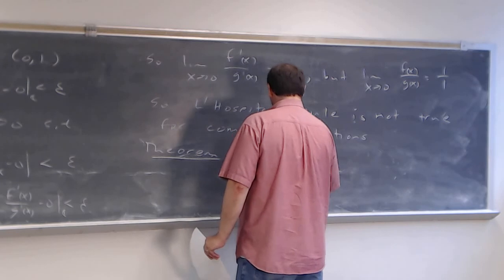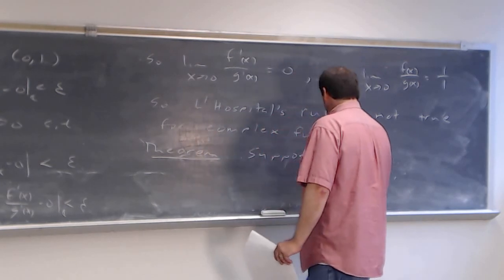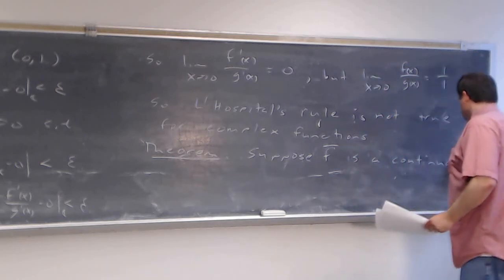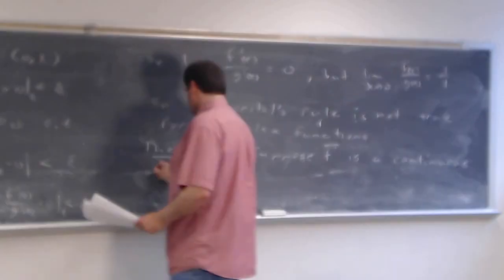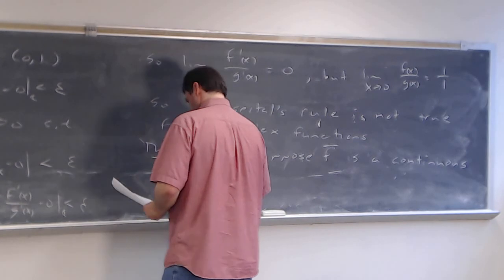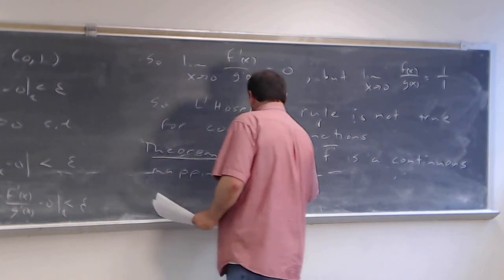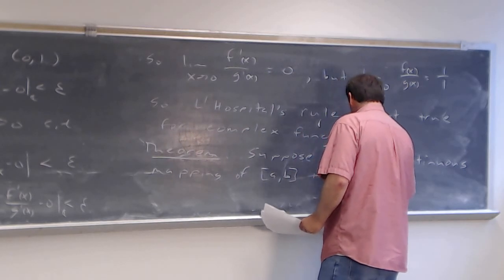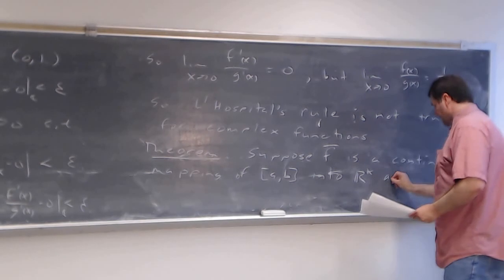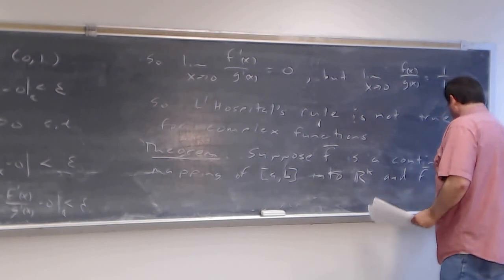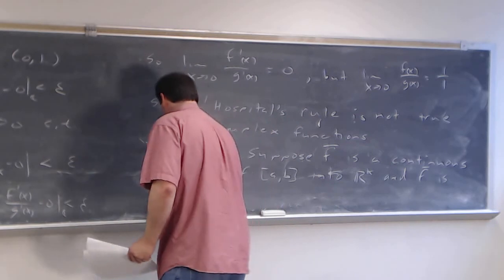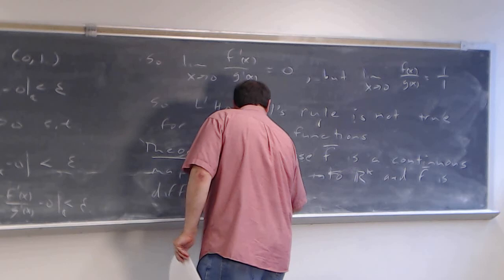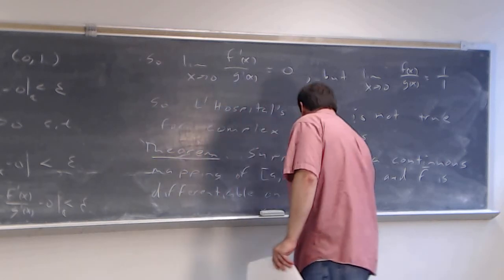Suppose f bar is a continuous mapping from [a, b] into R^k and f bar is differentiable on the open interval from a to b.